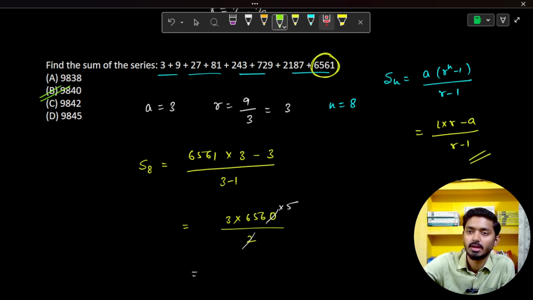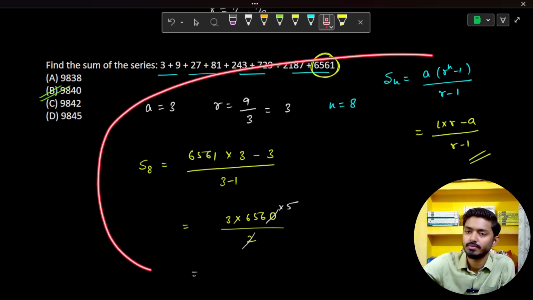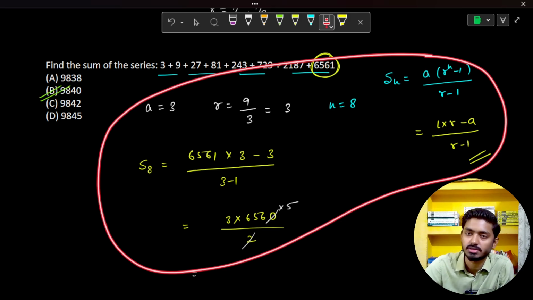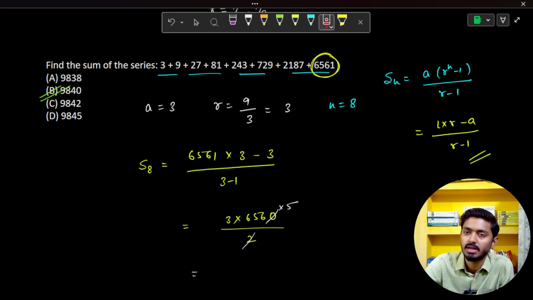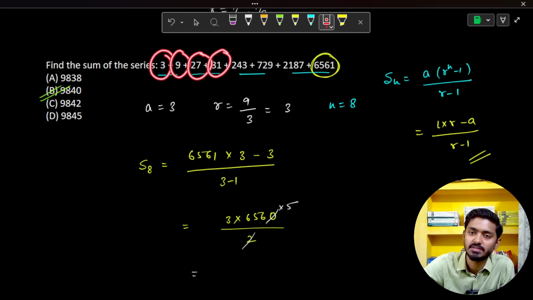Now, we could have solved it differently, although this is a proper method to solve such questions. Generally, the examiner puts some trick in it. If you observe, all the terms over in here are divisible by 3, so the correct option should also be divisible by 3. Let's check. 19 is not divisible by 3.